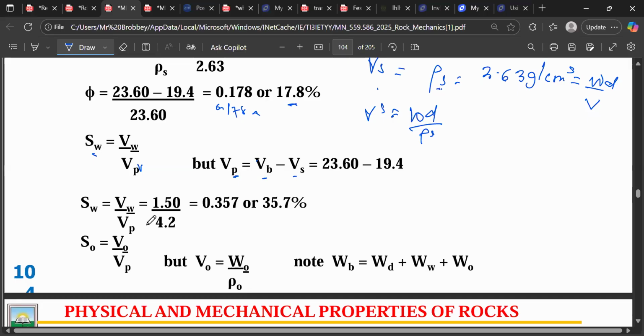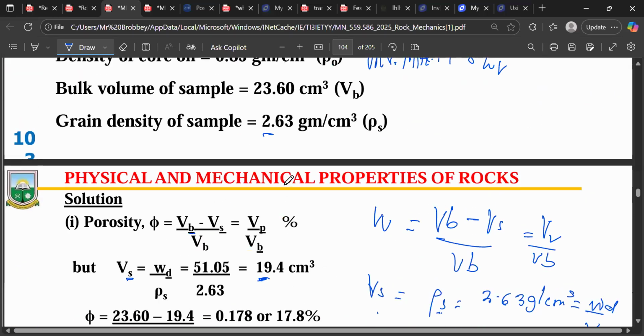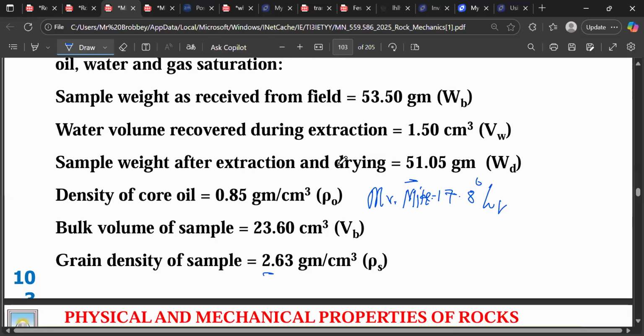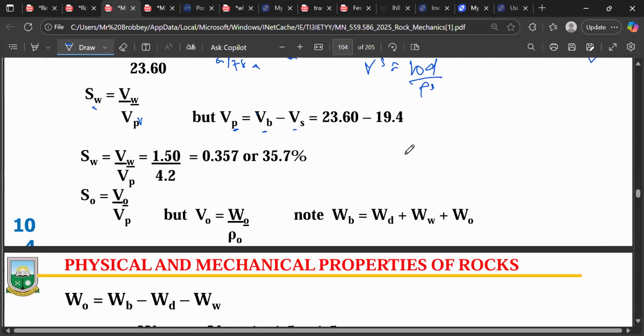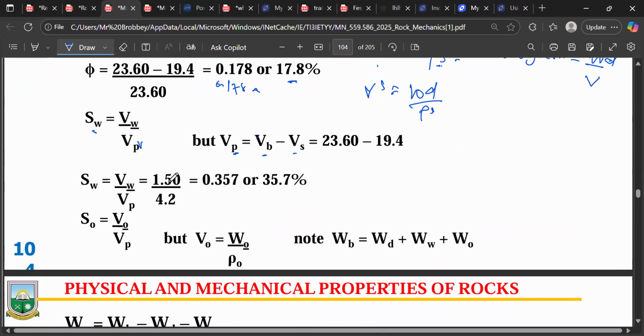Now, you want to find the saturation of water. We know that the volume of water was given. The volume of water recovered during the extraction is 1.5 cubic centimeters. So we bring that one here, 1.5, and then we know the VP. When we take 23.6 minus 19.4, you'll be getting around 4.2.